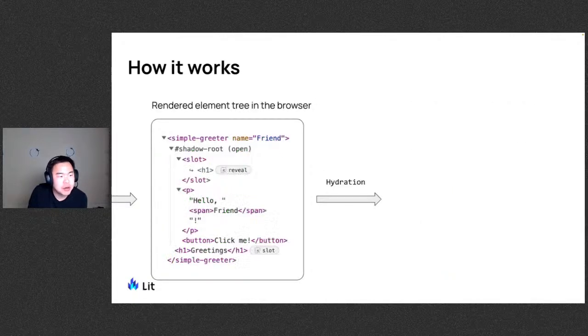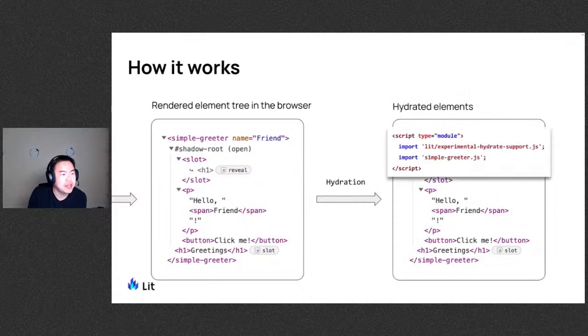So the next step here, optionally, if your component has some interactive bits and needs to be hydrated, what we can do is go ahead and bring in the lit experimental hydrate support, as well as the component definition here, which is a simple greeter. You can do this in any way. Here I've chosen to add a script tag that brings this in along with the page. You can also do it in other ways where perhaps on a mouse enter, dynamically import these.